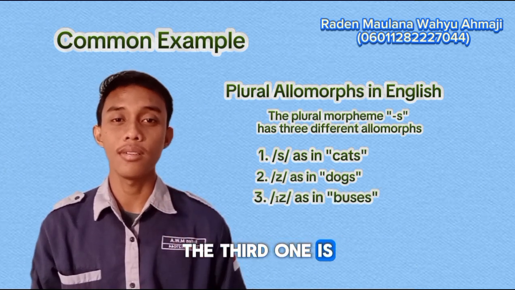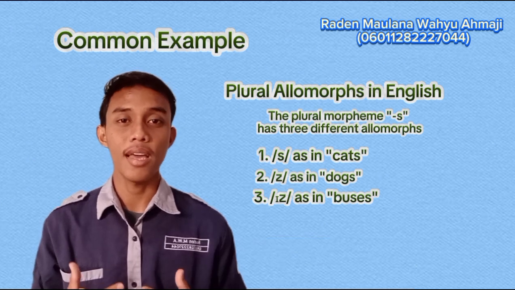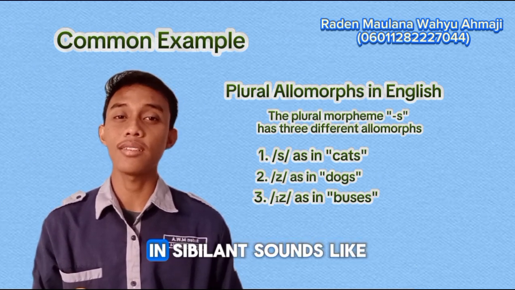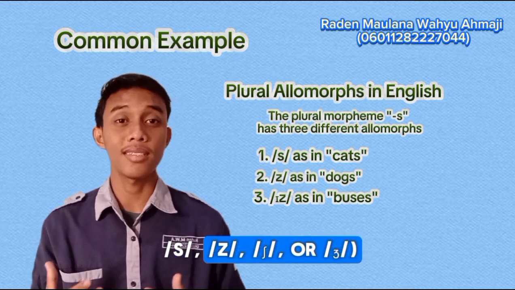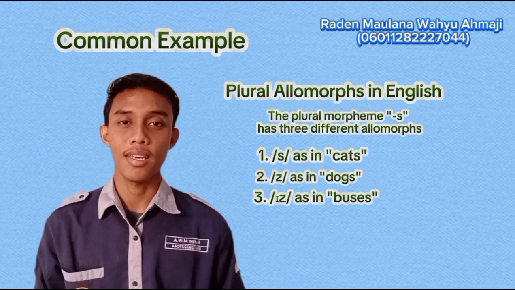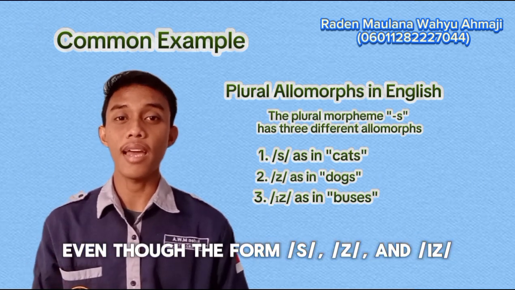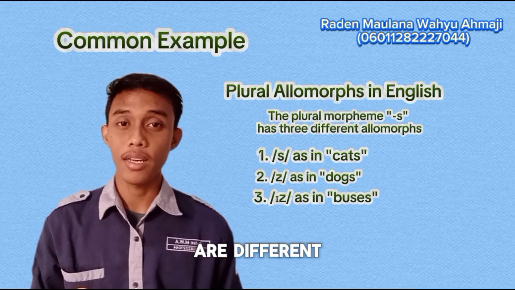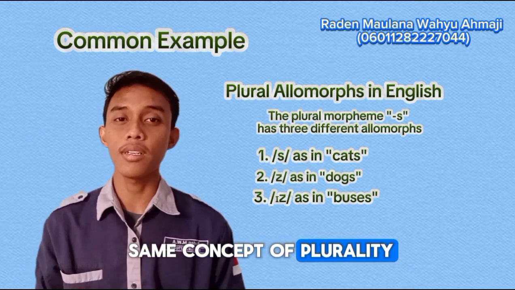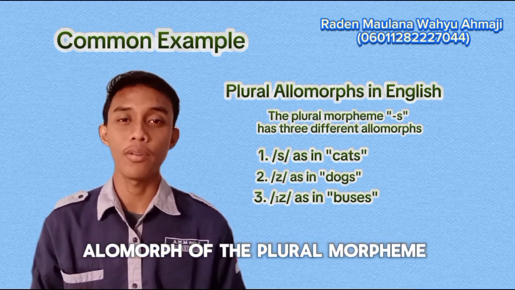The third one is -iz, as in buses, added when the word ends in a sibilant sound like s, z, sh, or ch. Even though the forms -s, -z and -iz are different, they all represent the same concept of plurality, making them allomorphs of the plural morpheme.